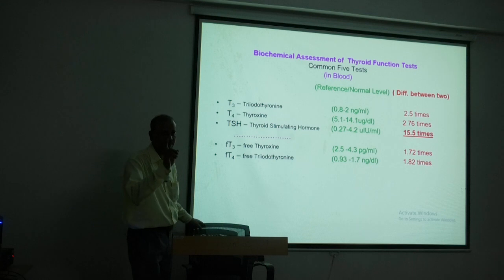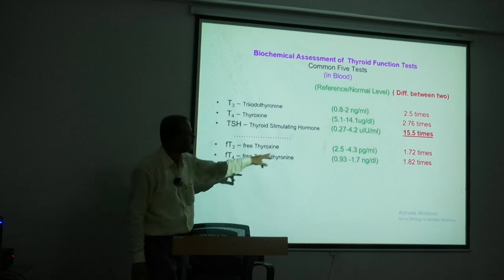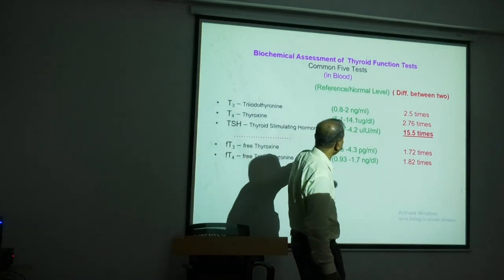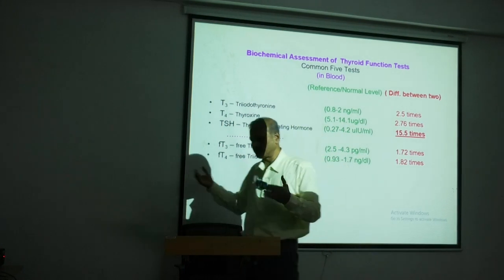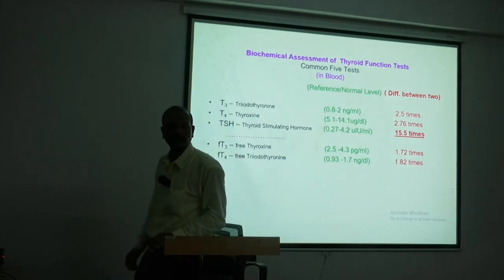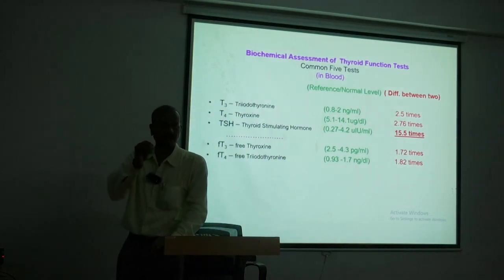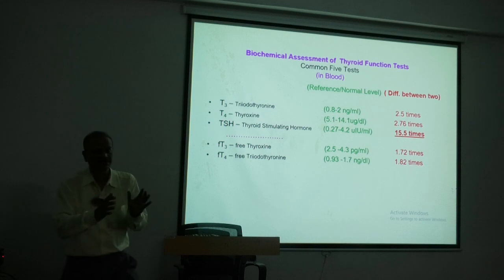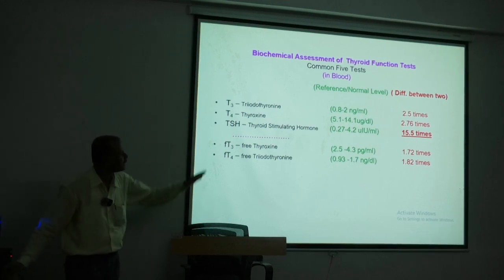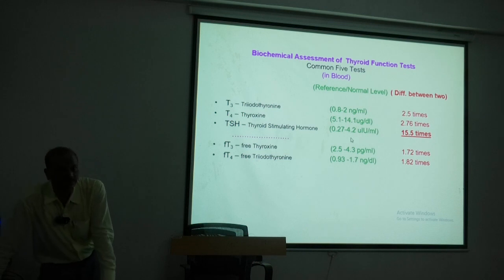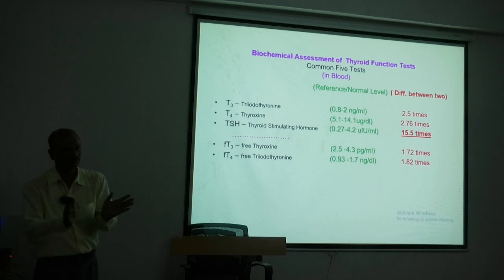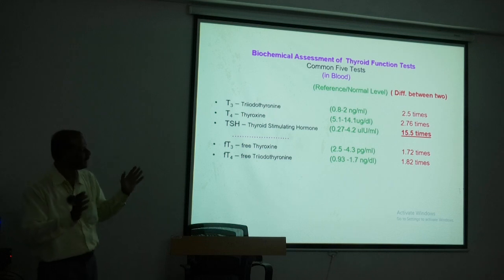In contrast, TSH is the only hormone where the minimum range difference between the two is 15.5 times. Even many laboratories report a normal interval that is about 20 times. No other biochemical parameter has such a wide range. That means if 0.3 is normal, 4.1 is also normal. Can you imagine the degree of difference? It is a very wide range.